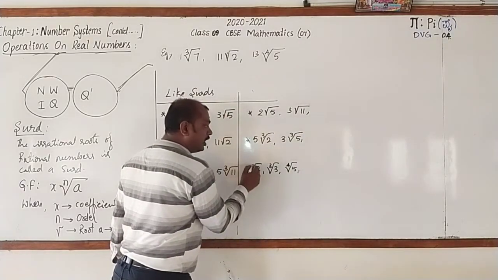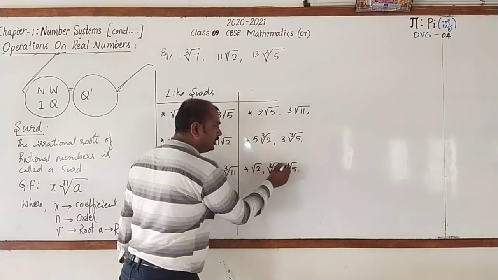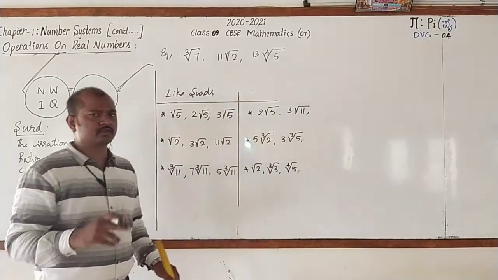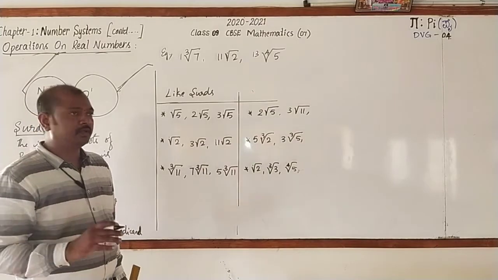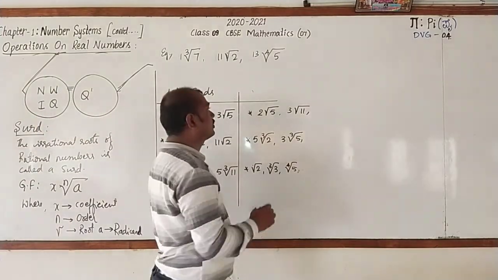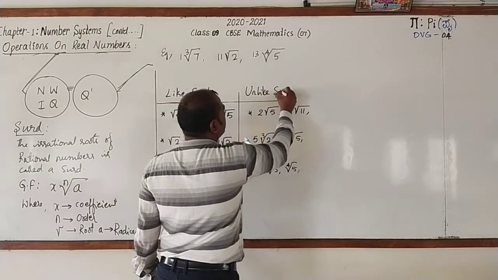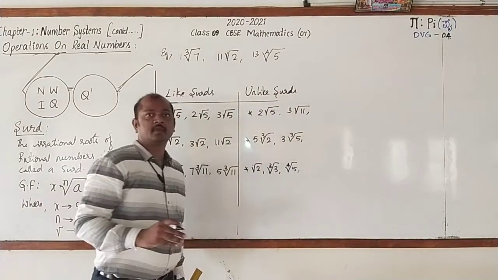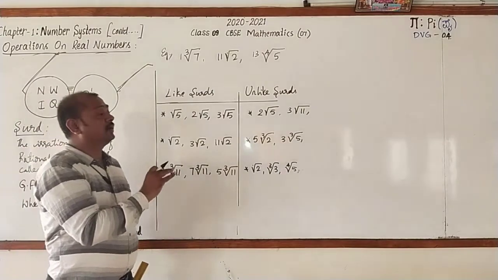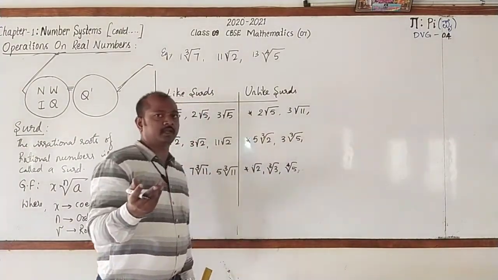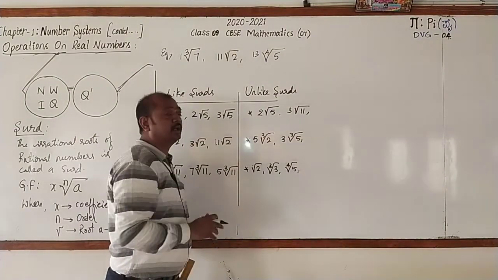Here the orders 2, 3, 4 are different, and the radicands 2, 3, 5 are also different. Got it? So such surds are called unlike surds. A group of surds having different orders and different radicands are called unlike surds.